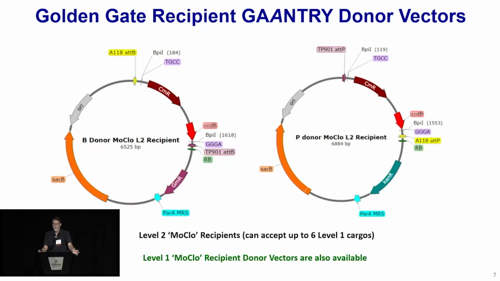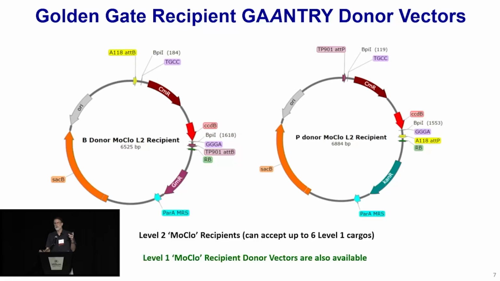And more recently, we've developed Golden Gate cloning recipient donors. We adopted the MoClo system in my lab, so those are the ones we have now, but it would be easy to modify the B and P donors to be a recipient for your favorite Golden Gate assembly cloning library that you have. So what's shown here are the two level 2 recipients. And the reason I'm showing you level 2 is that it'll allow you to stack multiple transcriptional units or expression cassettes into these level 2 donors.